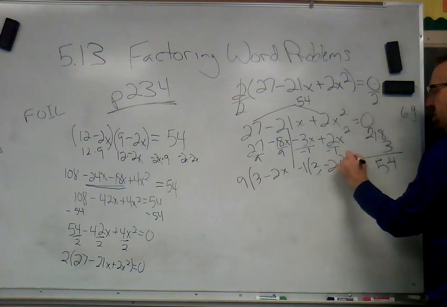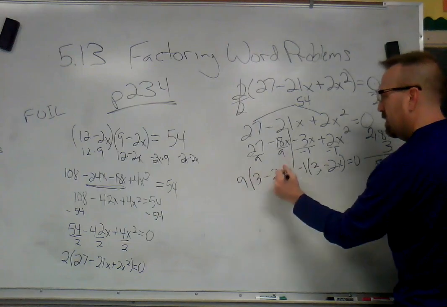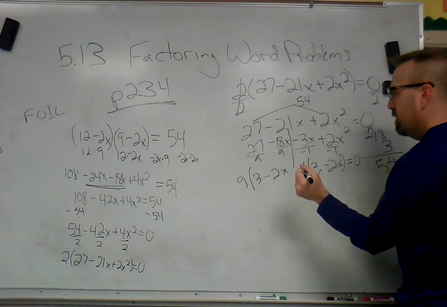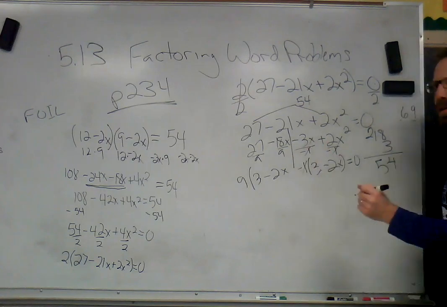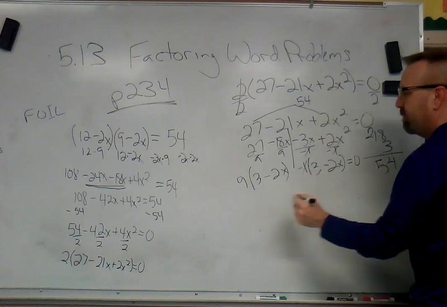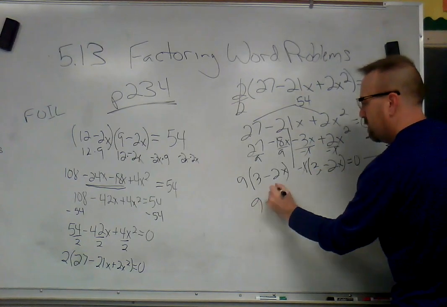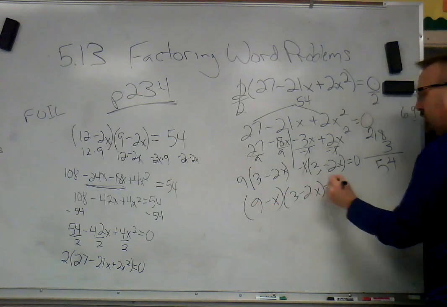So they are the same, which is good. That's what we want. What did I miss here? Oh no, 1x. Sorry, that's what we need. So it wasn't just a negative, it was an x because they both had an x. So we have 9 minus x, 3 minus 2x equals 0.